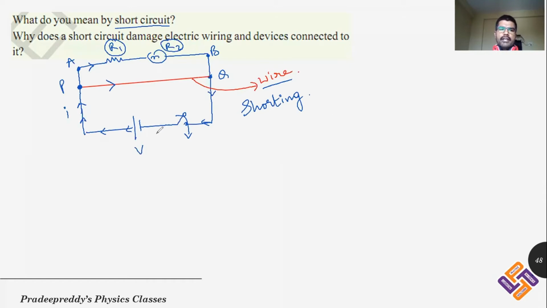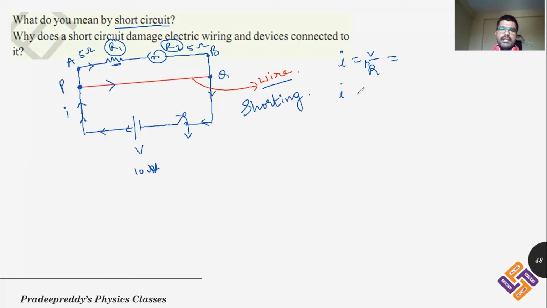Now, due to shorting, as there is no resistance from P to Q, we know that I is equal to V divided by R. Suppose the voltage is 10 volt, resistance R1 is 5 ohm and resistance R2 is 5 ohm.